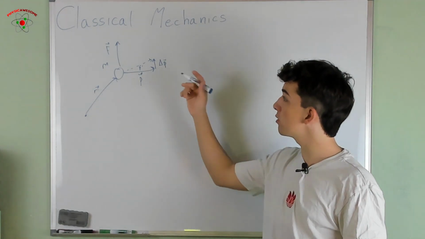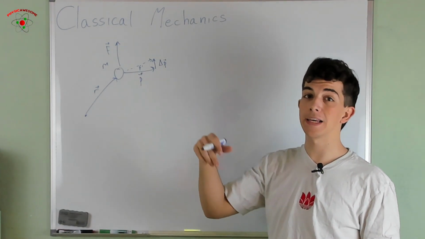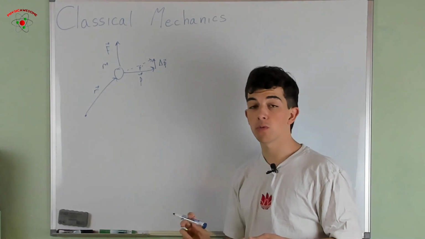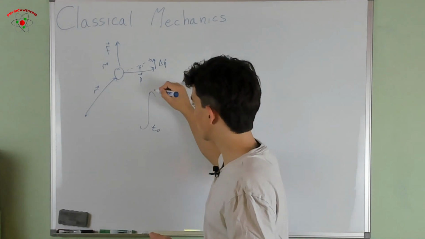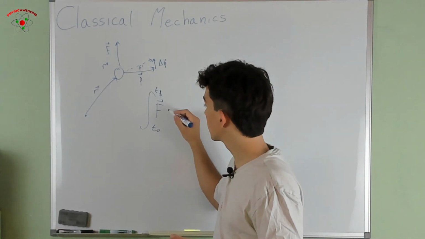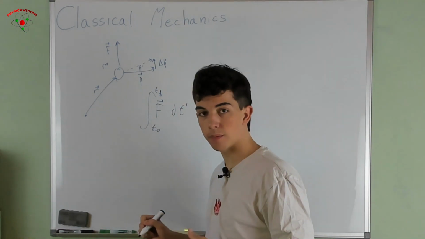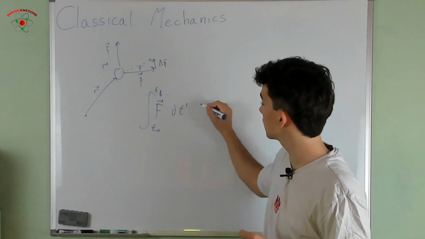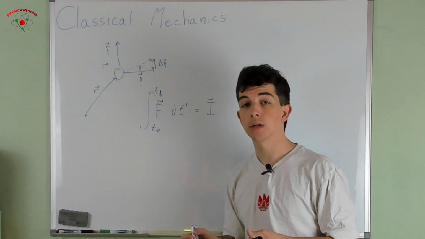However, to calculate the actual impulse, because this is just an approximation, we need to do an integral. Therefore, from t0 to t final, we integrate the force times dt prime. And we're going to end up with a quantity which is I, the normal impulse.